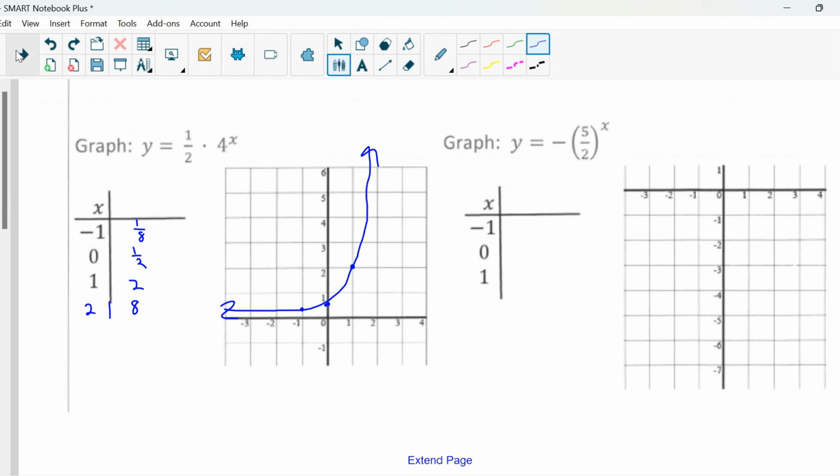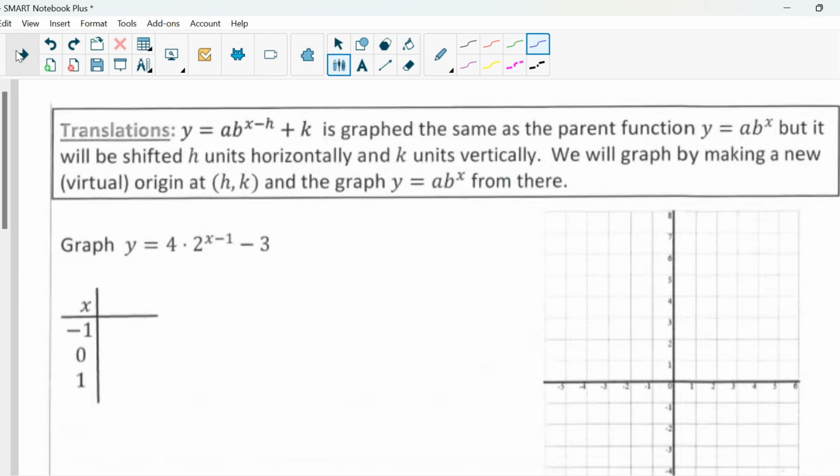So on page number 2 here, we're looking at translations. Just like other functions, our exponential growth and decay functions have translations as well, and they're very similar. So similarly, we have minus h, and we would have plus k. And as it states below, h is our horizontal shift, and k is our vertical shift.